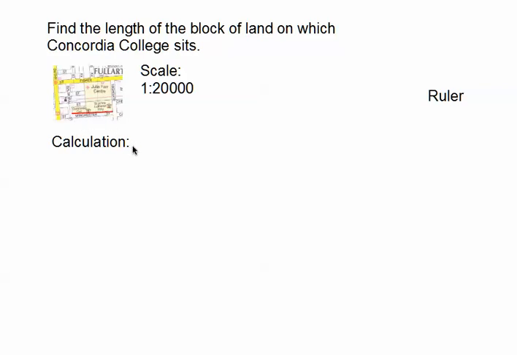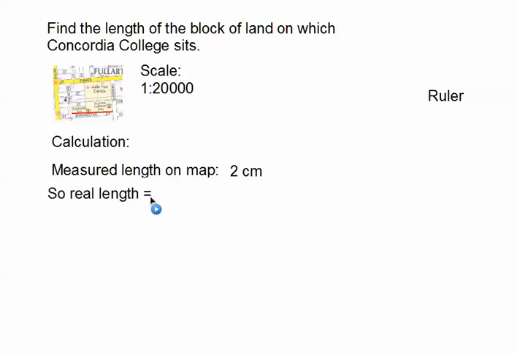So we have to times our 2 centimeters by 20,000. So the real length is 2 times 20,000 centimeters, which is 40,000 centimeters.